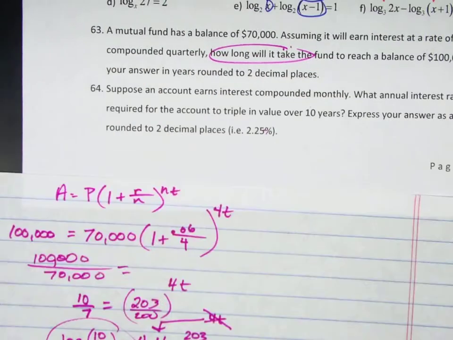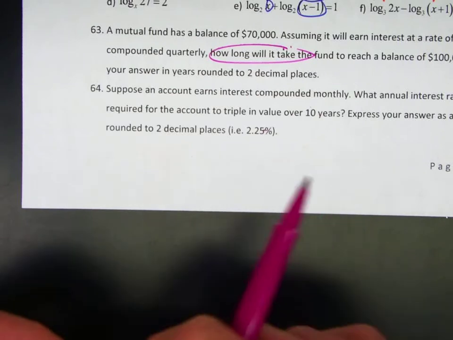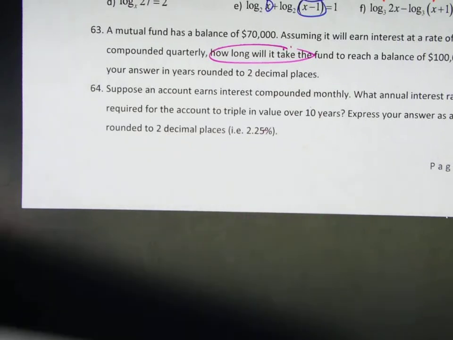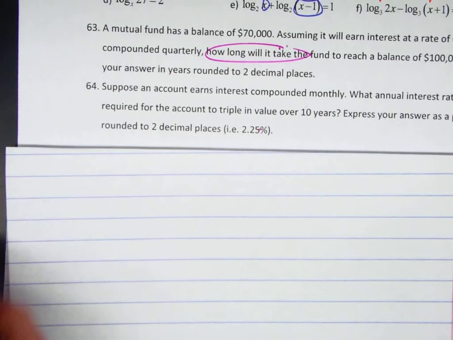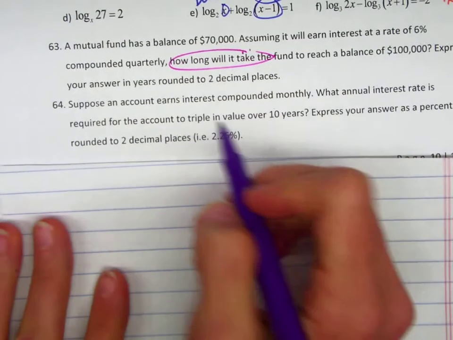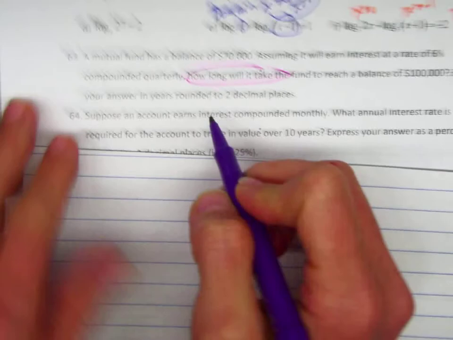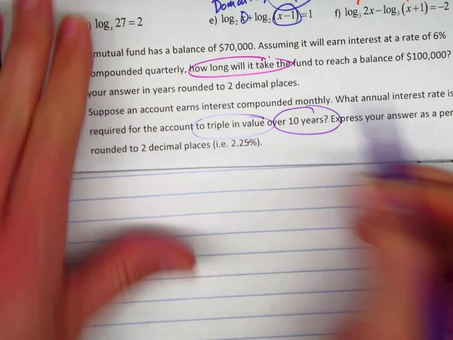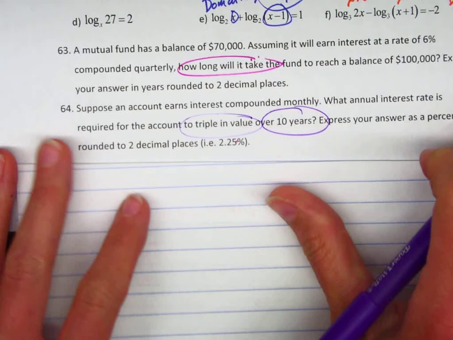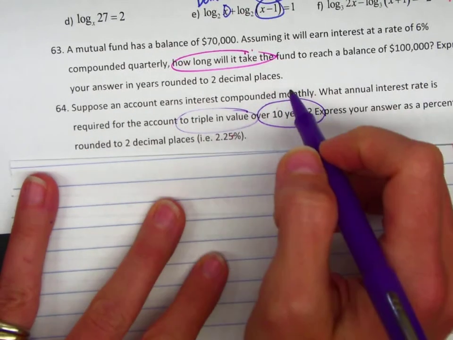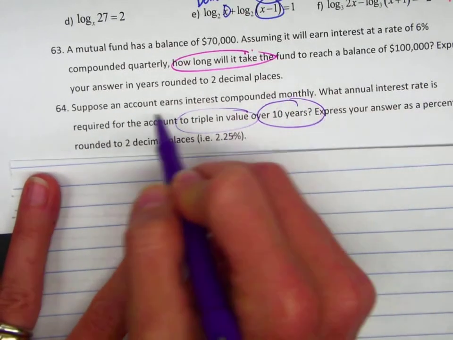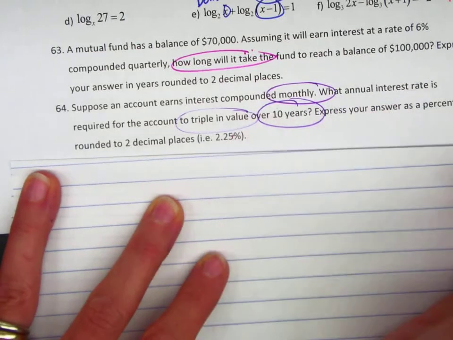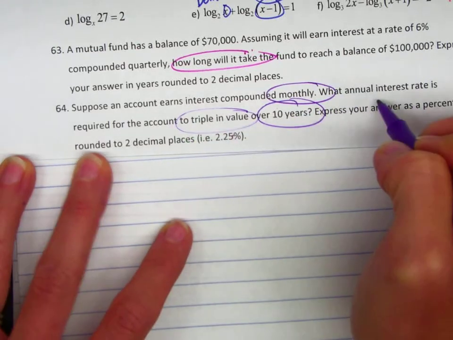And then for 64, this is compounded monthly. So for this one, we're going to triple our value in 10 years. It's compounded monthly, and we're looking for the interest rate.